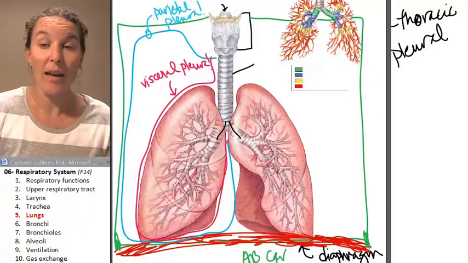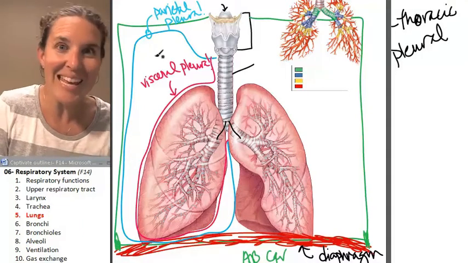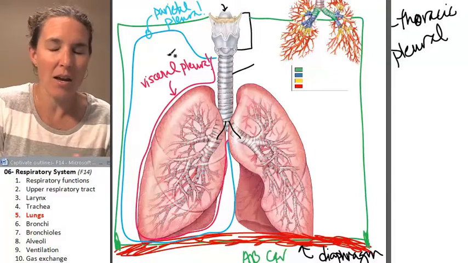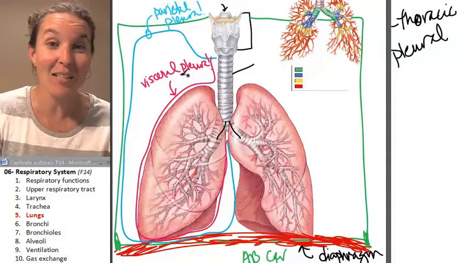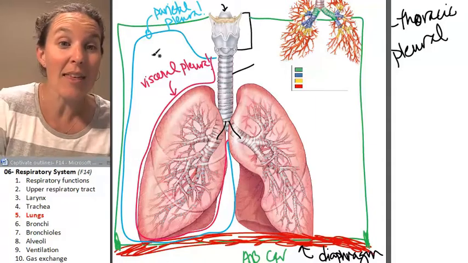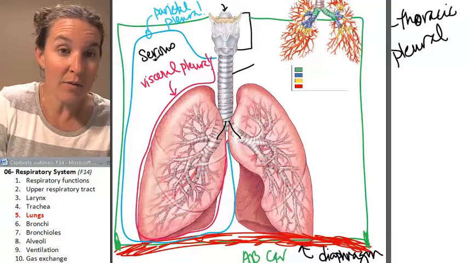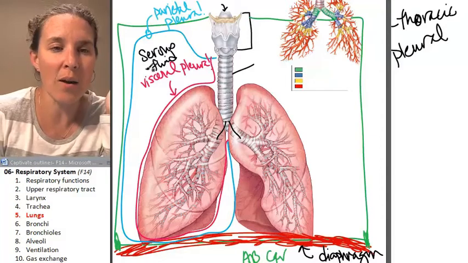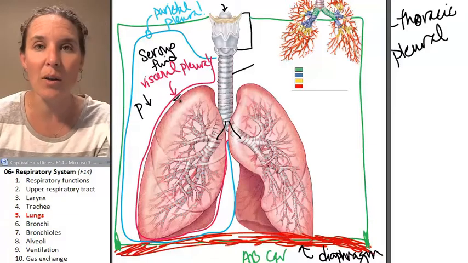True story. Now, you want to know something even more amazing? Inside here is the pleural cavity. That's awesome. This space right here is a potential space that is filled with what kind of fluid? Serous fluid. And I'm just going to tell you right now that the pressure inside here is low.